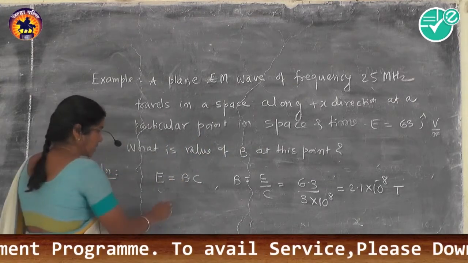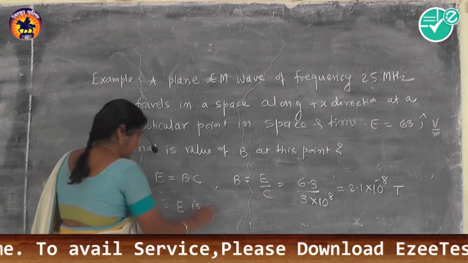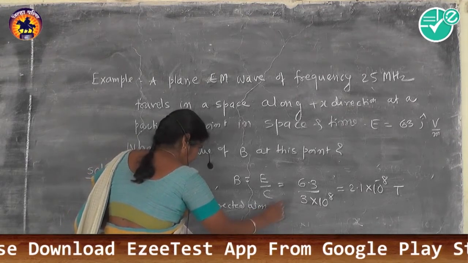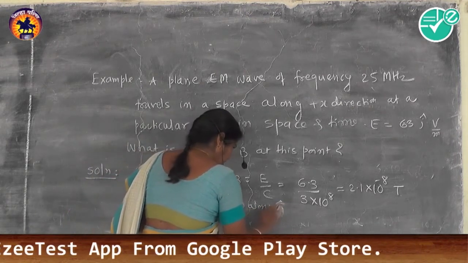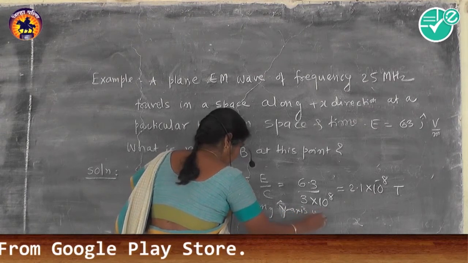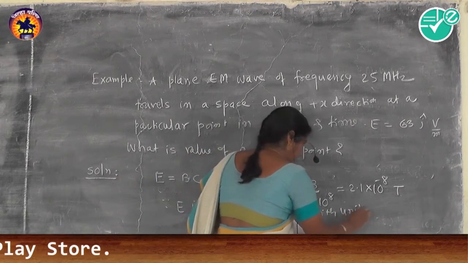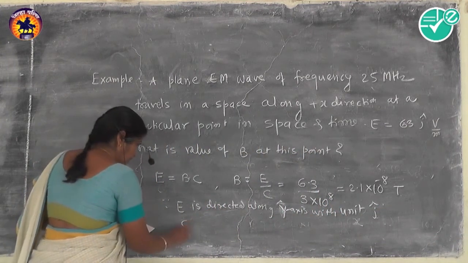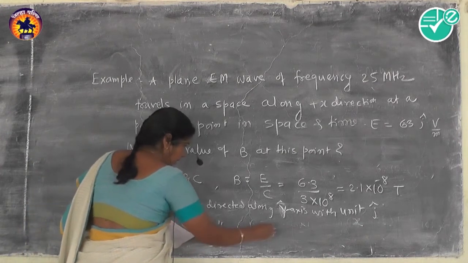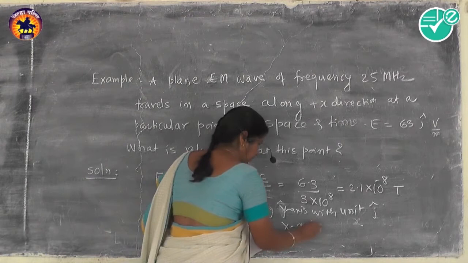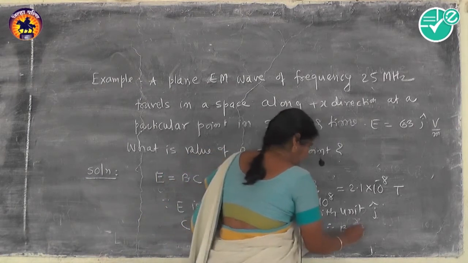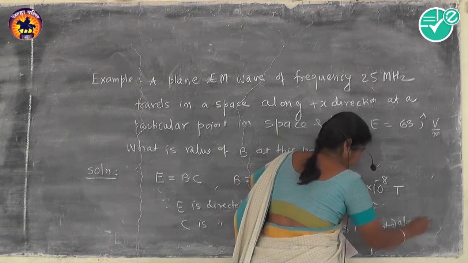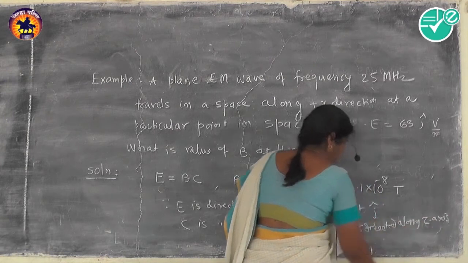Now, since E is directed along the y-axis with unit vector j, and C is directed along the x-axis, therefore B is directed along the z-axis with unit vector k.